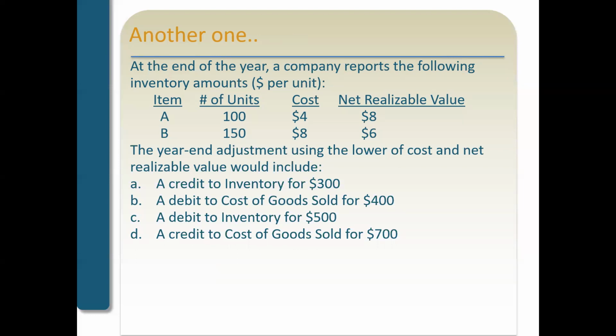Come on, guys. Won't it be a credit to inventory for 300 and a debit to cost of goods sold for 300? Right? Because of the net realizable value, won't we be adjusting those?